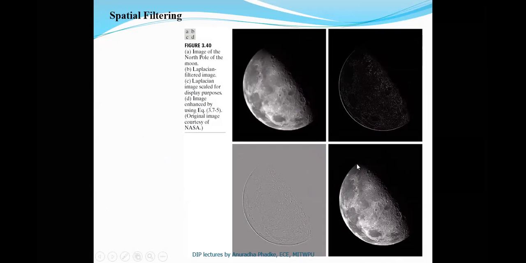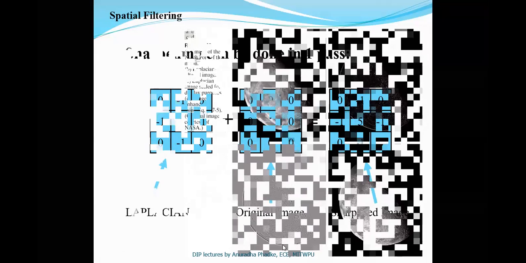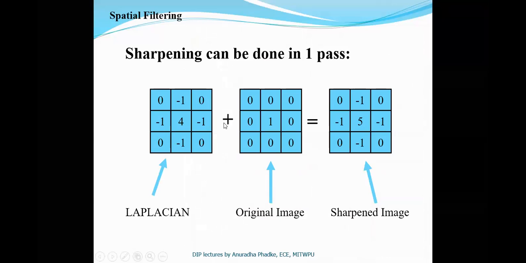Okay, this moon border as well as various regions from moon, these borders are sharpened because of this image sharpening operation. Okay, so this sharpening can be achieved in one pass by directly applying this mask instead of this mask.